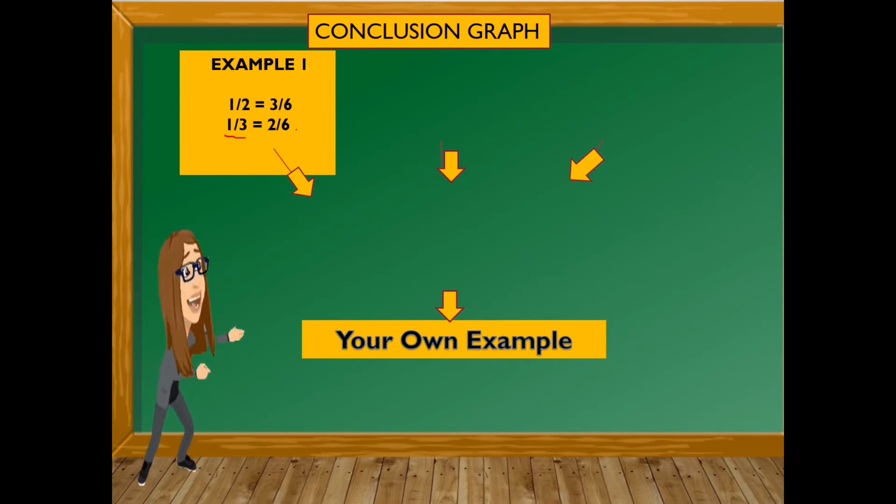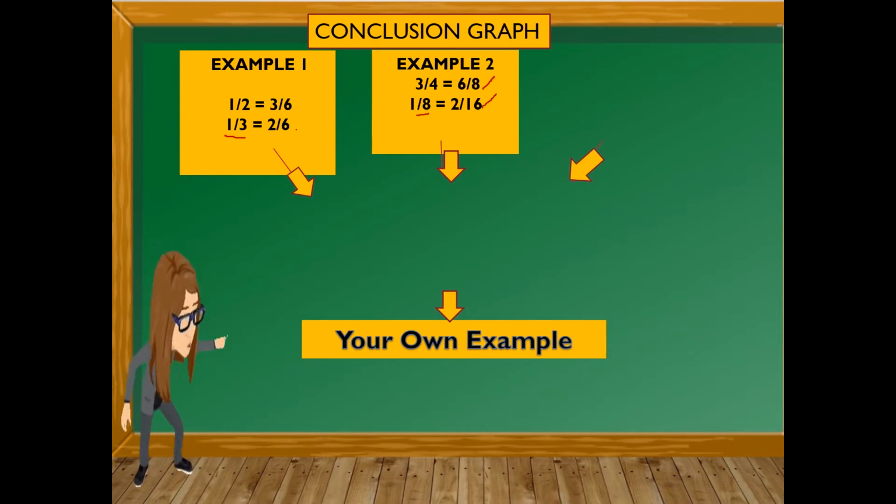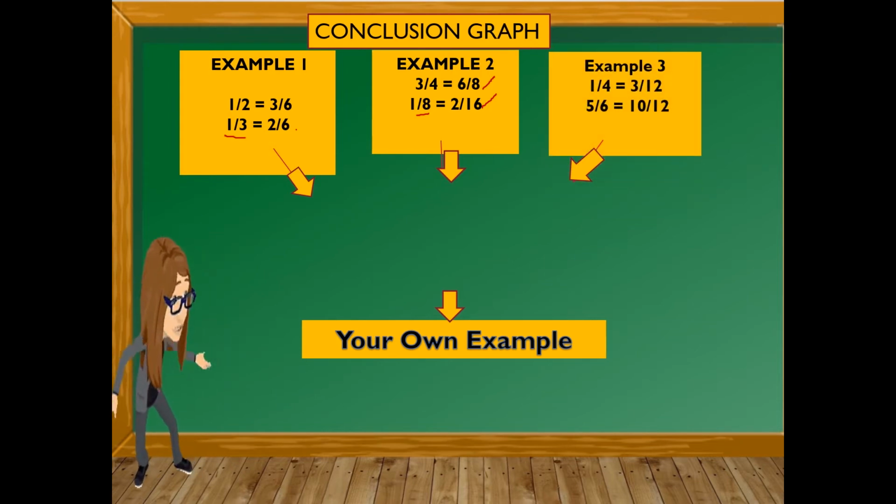Another example is 3/4 and 1/8. So 3/4 is also equivalent to 6/8 and 1/8 is also equivalent to 2/16. Another example is 1/4. It was multiplied by 3.